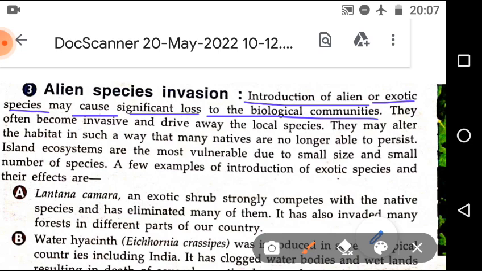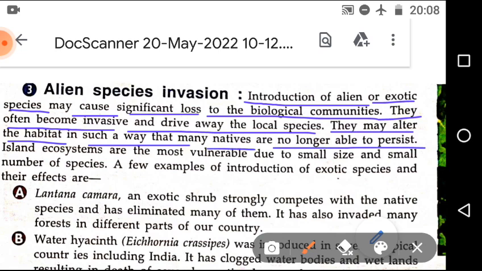Now these invasive species drive away the local species. What will the alien species do? Alien species will dominate that particular place, and the local species are going to be endangered and extinct. These invasive or alien species may also alter the habitat in such a way that many natives are no longer able to persist.